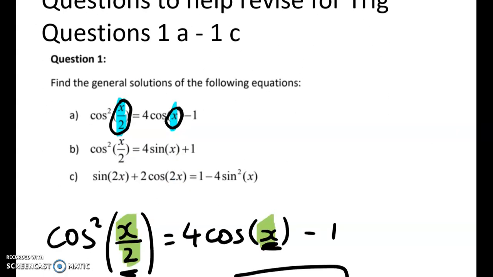Alright, so the next one is kind of similar, but it's got sine in it this time. So we've got cos squared of x on 2 here, and we've got 4 sine x. So we can see again that we're probably going to want a double angle formula. Let's go on to a new page. Right, so let u equal x on 2, so 2u is equal to x.